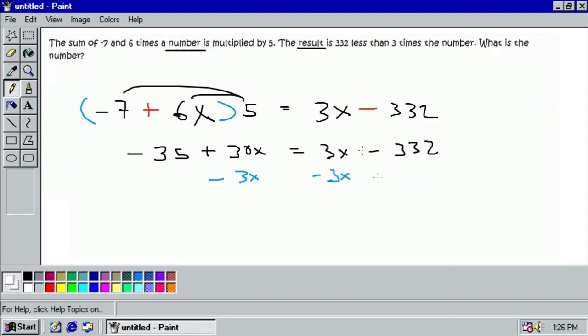Now we're gonna add positive 35 on both sides of the equation.